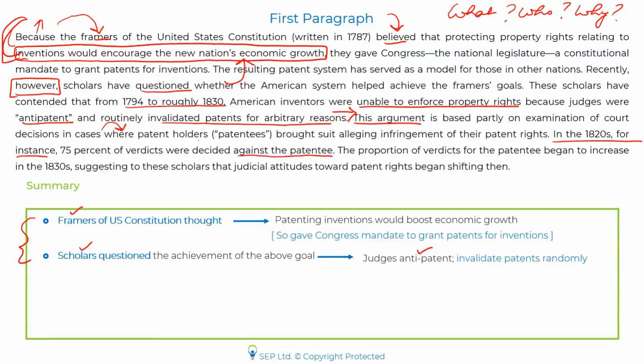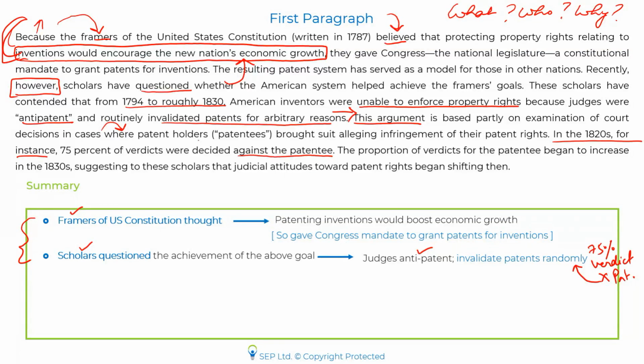Okay, so this is the reason, because 75% of the verdicts were against patentees. That is why these scholars believe that the judges were anti-patent. That is why they believe that the patent system did not achieve the goal of encouraging national economic growth.